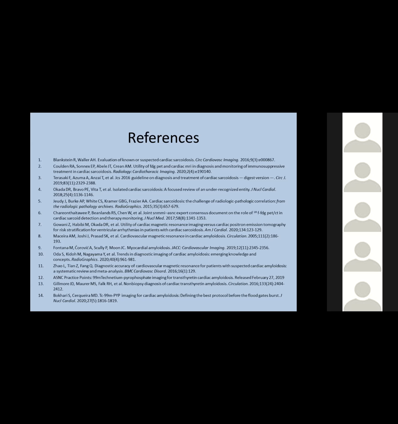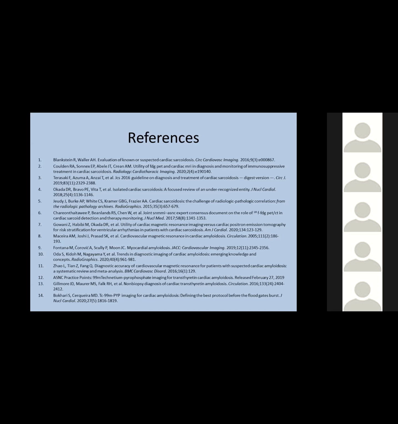That's question 1. Question 2 was, I disagree with your algorithm. You can give me your counter argument about if it's TTR, I wouldn't go to CMR, I go to PYP first. If your PYP is positive, then CMR really adds no value. If your PYP is entirely negative, then it really excludes TTR.